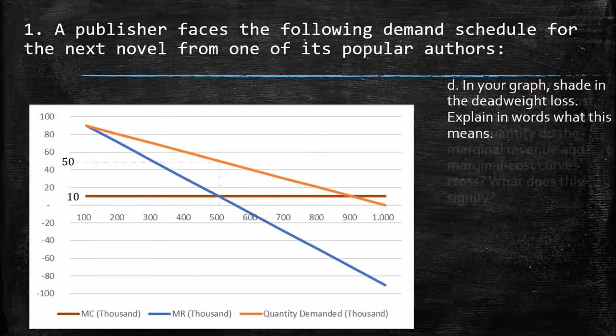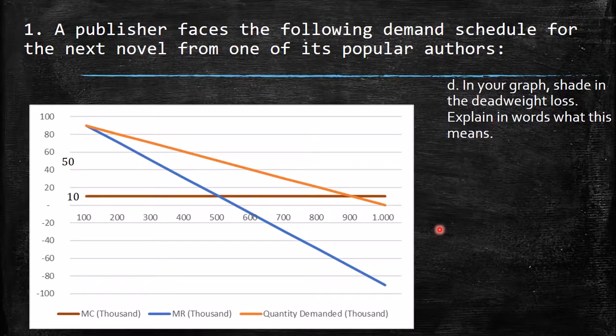Okay, then shade in the deadweight loss, explaining what this means. Basically, the deadweight loss, as we saw in previous videos, is the loss that is represented because of missed transactions that cannot be performed as before. All these consumers who would potentially buy at a lower price will not buy anymore due to this higher price.